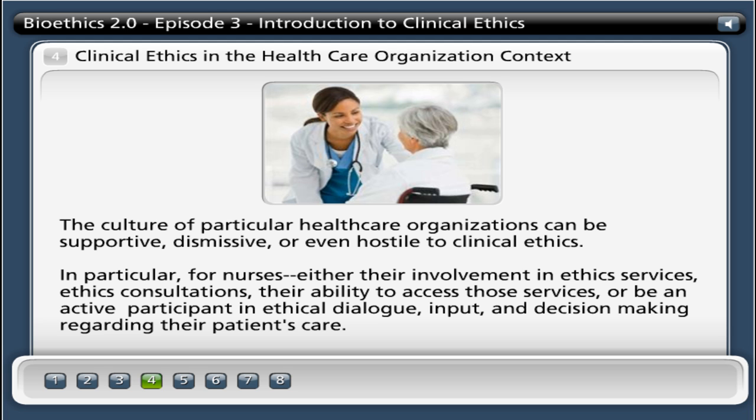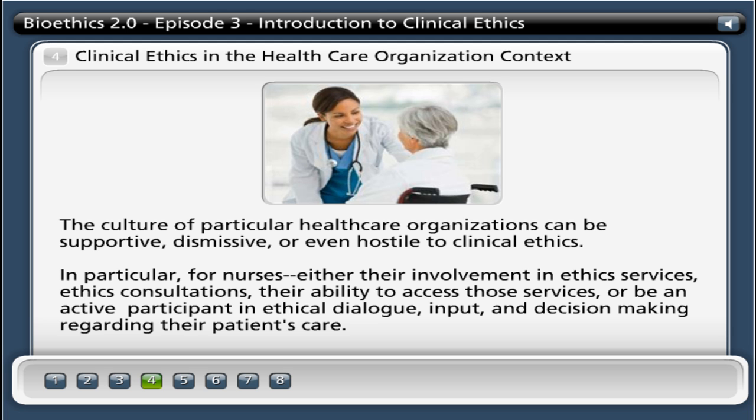Clinical ethics in the healthcare organization context. The culture of particular healthcare organizations can be supportive, dismissive, or even hostile to clinical ethics. It's important to note that in order to operate an ethics service effectively, there has to be institutional support, enough budget for continuing education, and knowledgeable clinicians who can help solve ethical difficulties with the support of their colleagues.